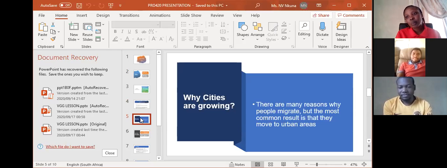Another thing, environmental reasons. Sometimes nature can strike, rendering people homeless and helpless due to floods and other natural disasters. Another is social reasons. And another, high standard of living.